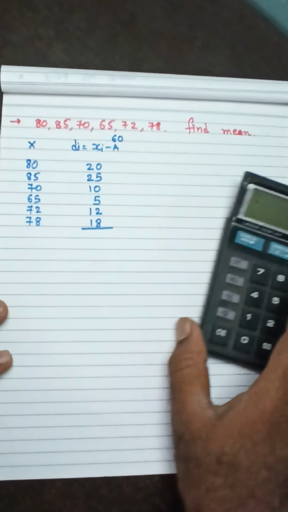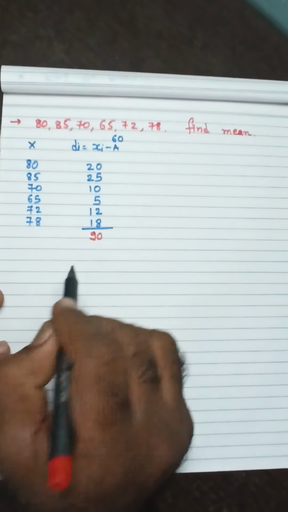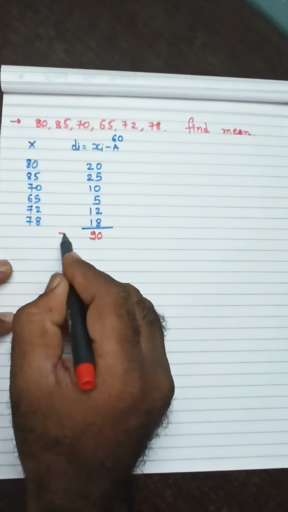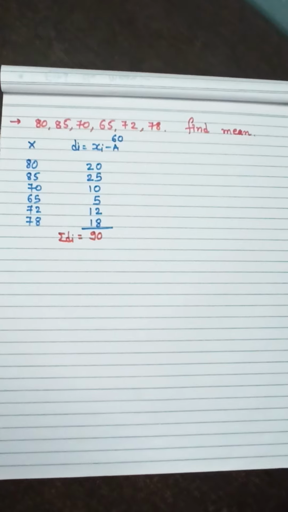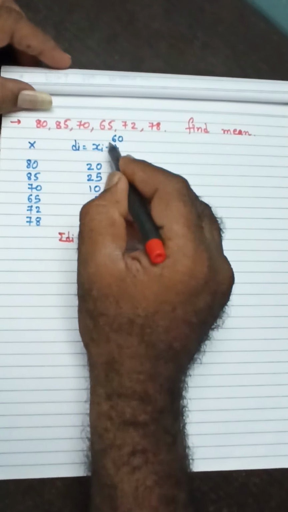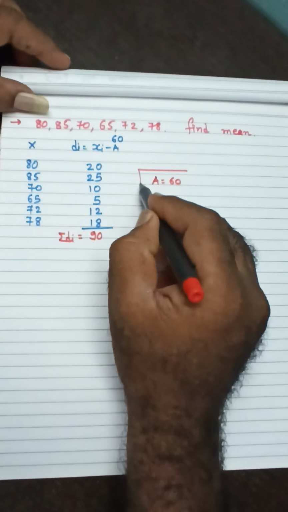The total is 90. And this is the total of di, so we can say that this is sigma of di. Okay? Yes. What we have assumed? A is equal to 60.